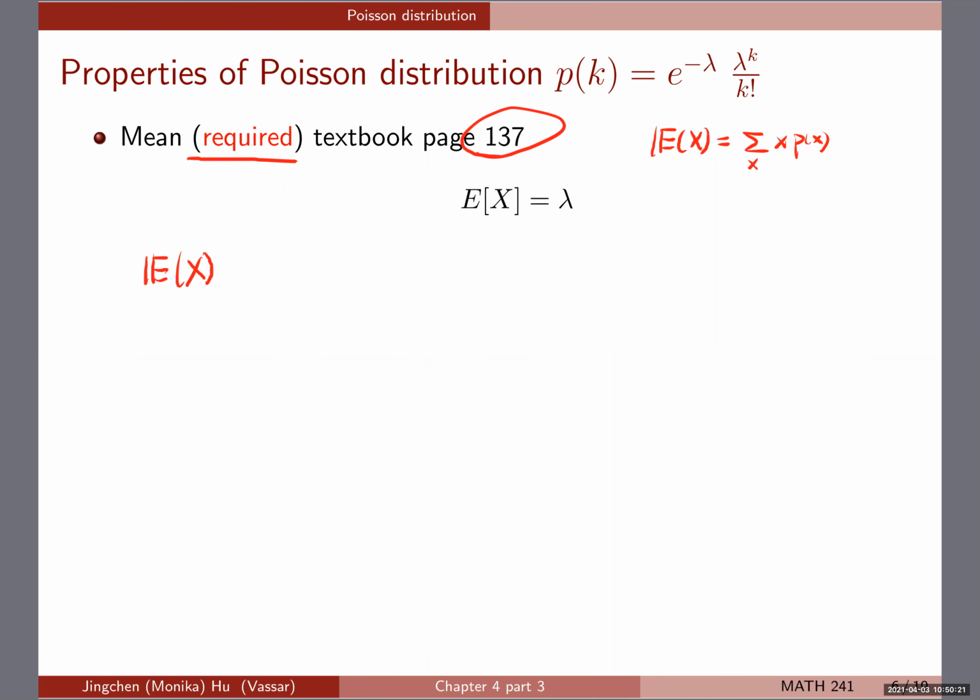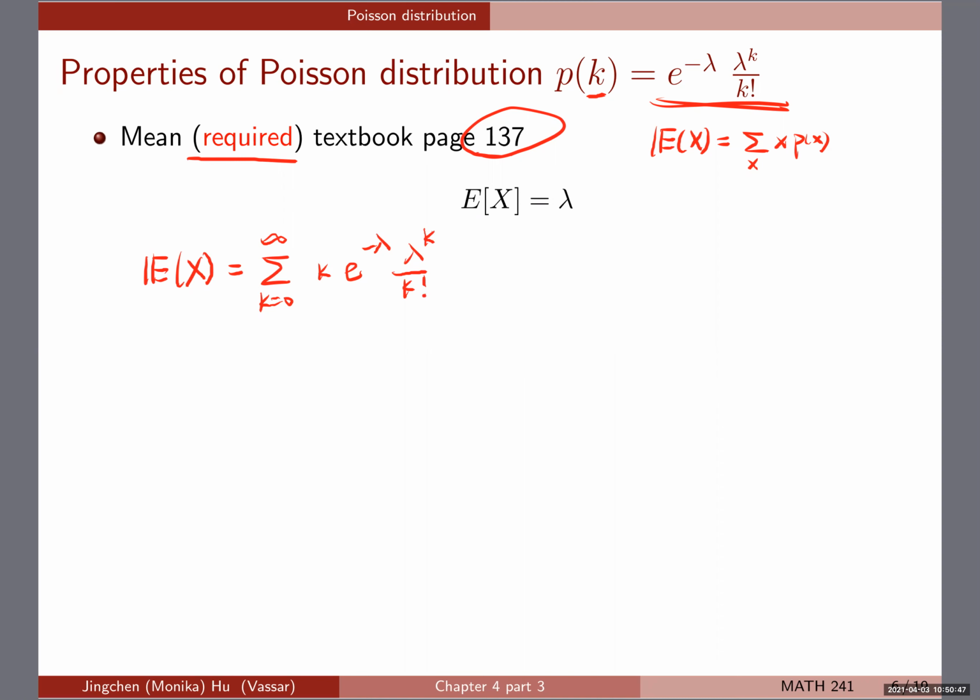To bring that back into the Poisson example here, we're going to have a summation, using k here, and this is the PMF. This again is going to be an infinite sum. So we have k, because that's x here, times e to the negative lambda, lambda to the power of k, over k factorial.